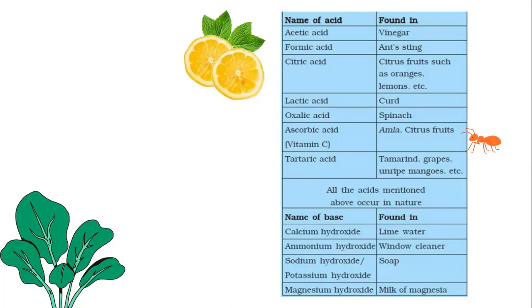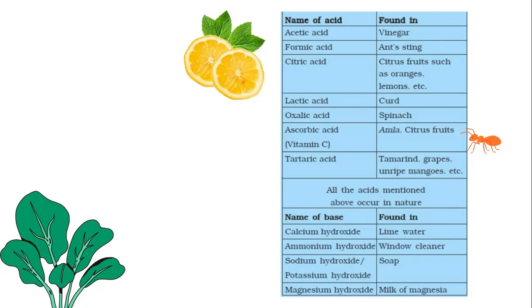Actually, it is a mixture of calcium plus hydrogen, that is calcium hydroxide. It is a chemical made in scientific laboratories. Next is window cleaner. It is also made in scientific laboratories, which contains ammonium hydroxide. Bases are also found in soaps, as we discussed.